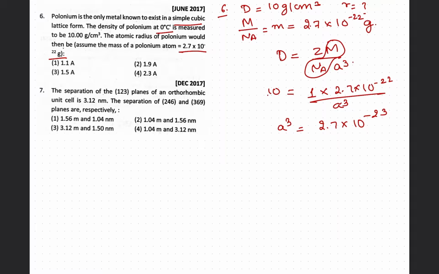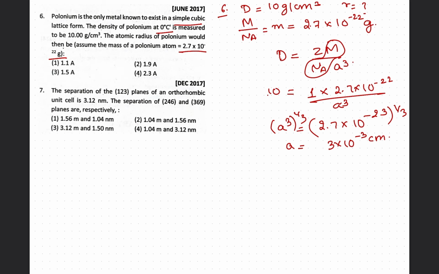Then we'll take this down. So a will come when we take 1/3 power on both sides, okay? Now you can evaluate it. It will come around 3 into 10 raised power minus 8 centimeter, okay?